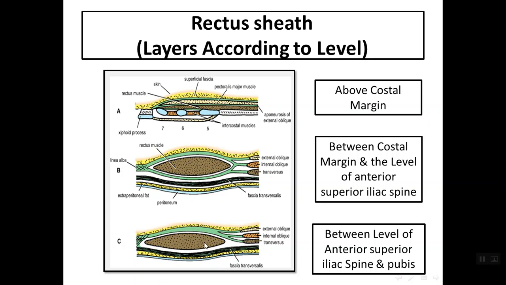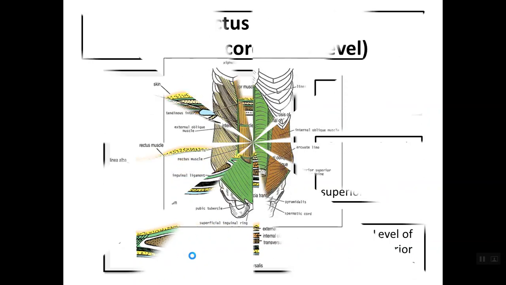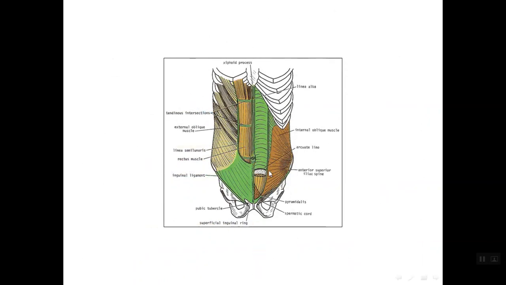Just the rectus abdominis muscle will lie directly on the fascia transversalis, and the posterior wall of the rectus sheath will end by a line called the arcuate line.